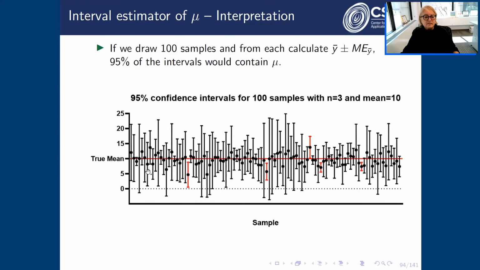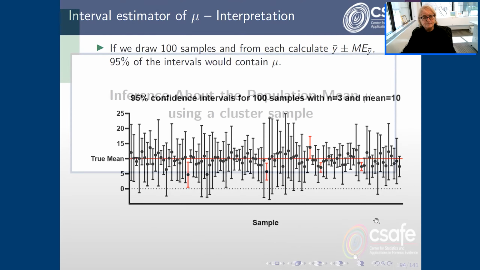Each one of these vertical lines is an interval, and each one of the black dots represents the y bar that was computed from that particular sample. What you can see is that most of the intervals cover the true value of mu, except for this one in red, this one, this one, this one. So I would expect 5 out of 100 not to cover. And in fact, in this example, we got exactly 5 out of 100 that didn't cover.